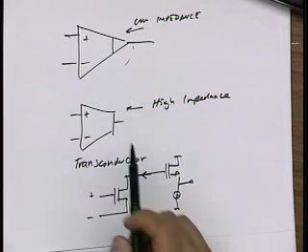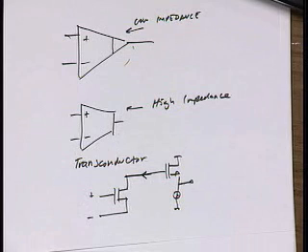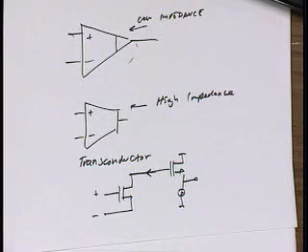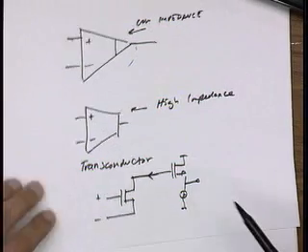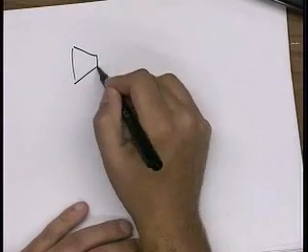Right? So now does someone have a good idea for why I draw an OTA like this? Anybody want to take a guess now? Frank, do you raise your hand? Okay. Essentially, an op-amp really is an OTA plus a buffer stage, right?